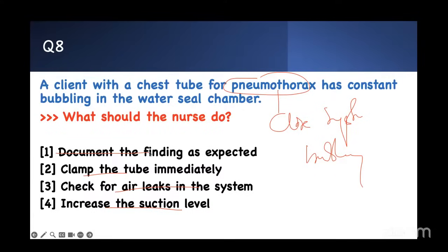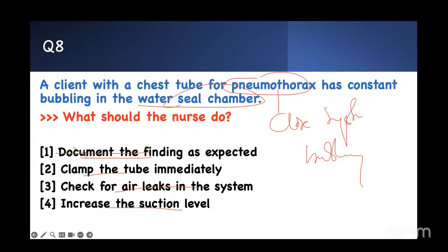Whatever you know, bring it to this question and say there is a chest tube and there is bubbling in the water seal chamber. Do you expect bubbling in the water seal chamber? That means something is broken in the system. No. Therefore, why would they tell you this and then want you to document the finding? They want you to know what happened in the water seal chamber.